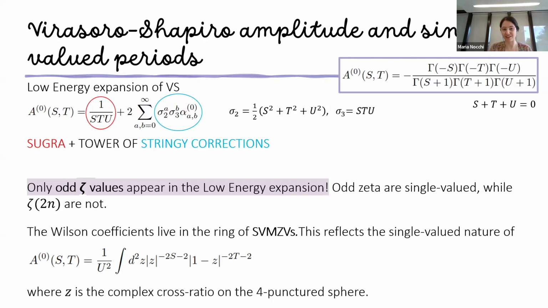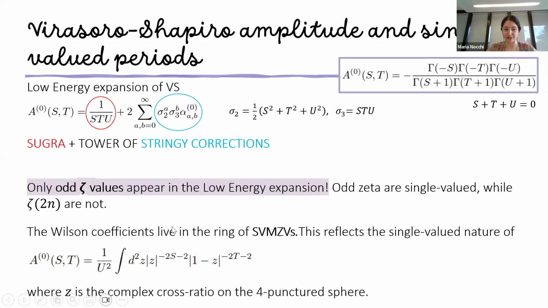Of course, I can't go into detail here, but this is well known, and it's deep in the sense that Wilson coefficients live in the ring of single valued multiple zeta values, and this reflects the single valued nature of the integrals that I was showing you before.